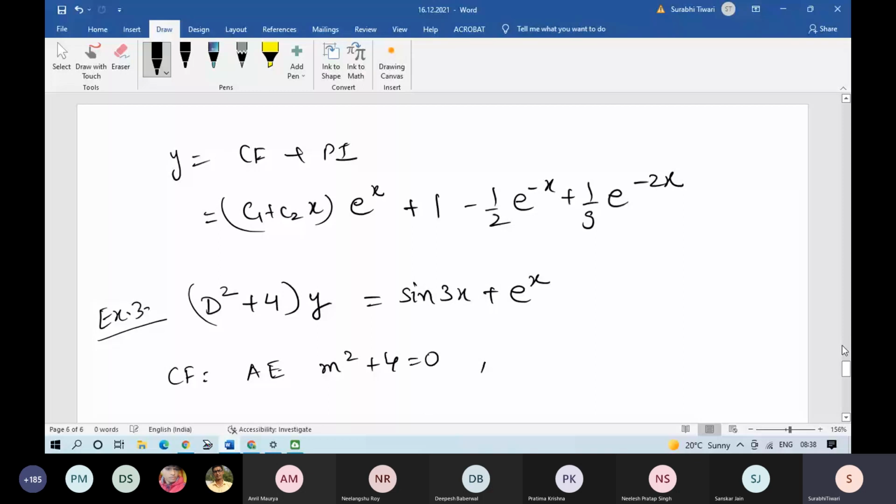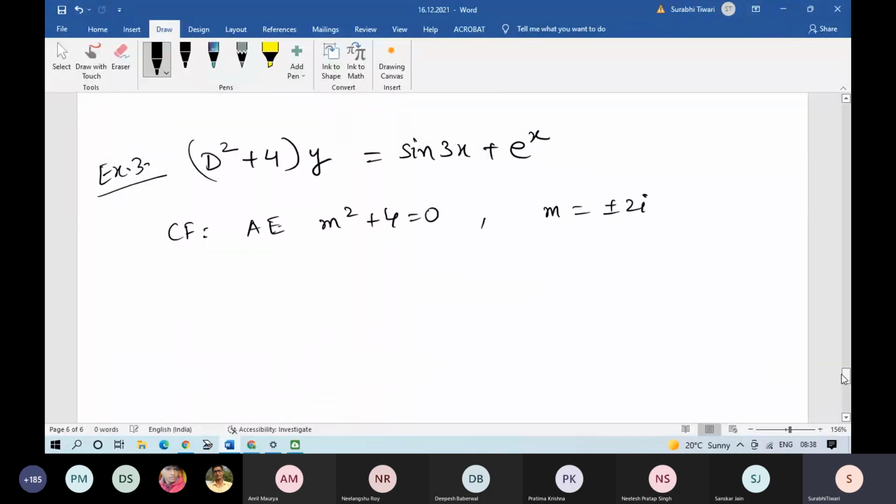So m is equal to plus minus 2i. And particular integral is equal to 1 upon d square plus 4 sin 3x plus 1 upon d square plus 4 e raised to the power of x.